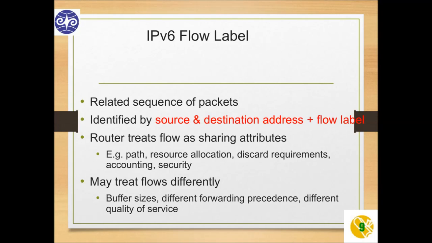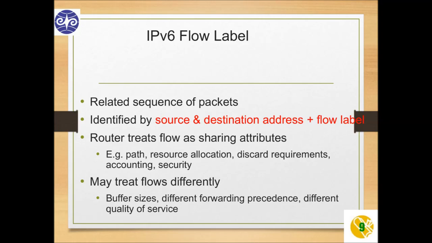IPv6 flow label. Flow control is a very important concept in computer networks. So flow label is used for flow control. Related sequence of packets. Every packet must contain a specific sequence number by which we can control flow.